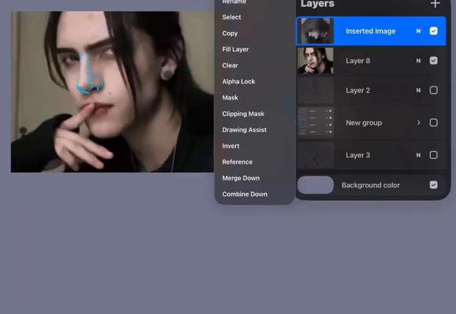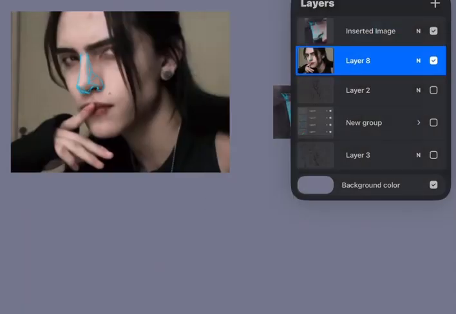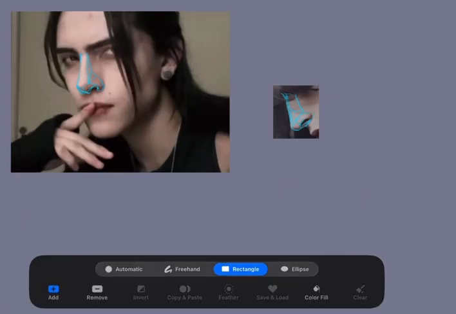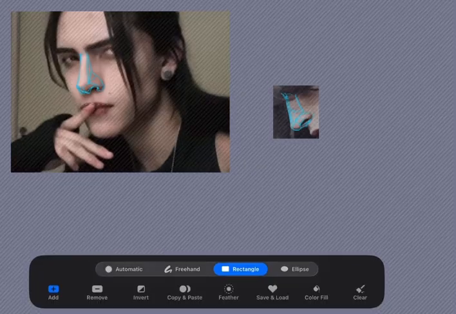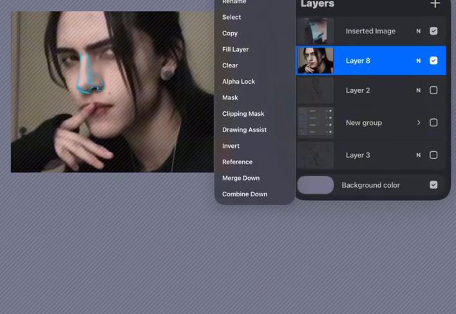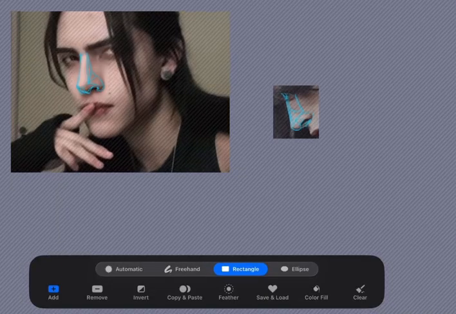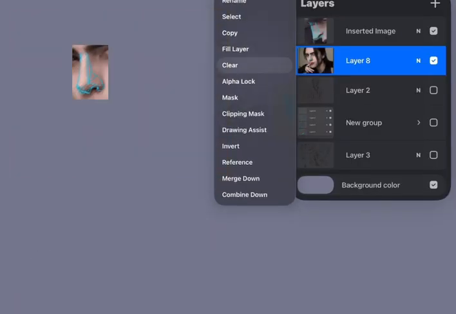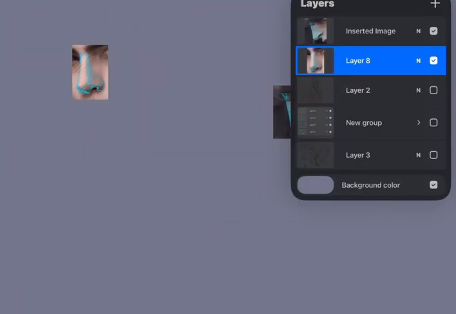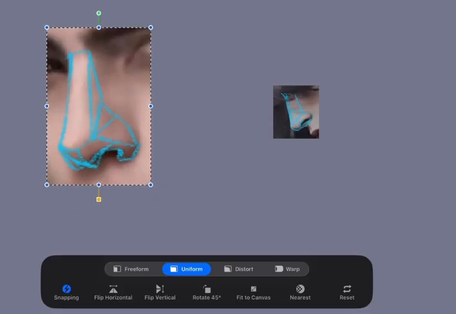Clear. Now we're going to make them bigger so we can stare at them.